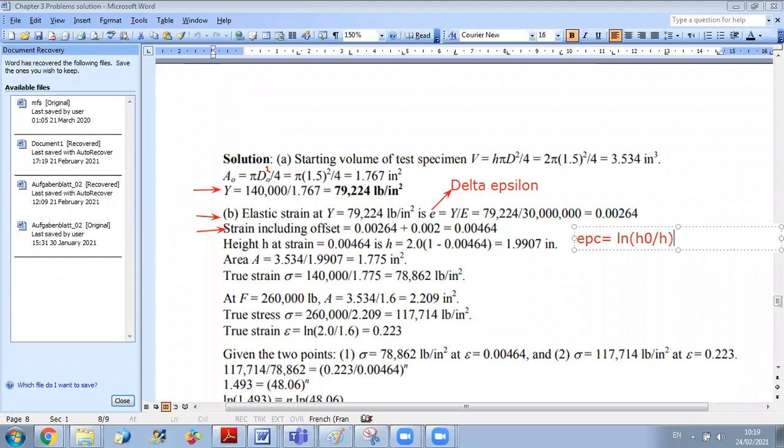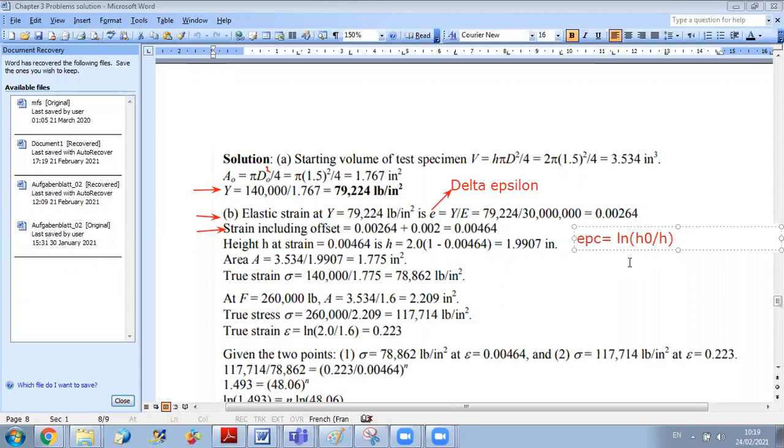Why did I consider the opposite? I put compression. If I don't put compression and I just put epsilon, it will be a negative value, ln H over H0. But when I put epsilon compression and want to take the absolute value, then I should take the opposite, ln H0 over H.